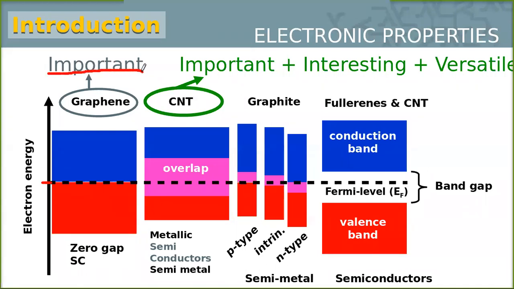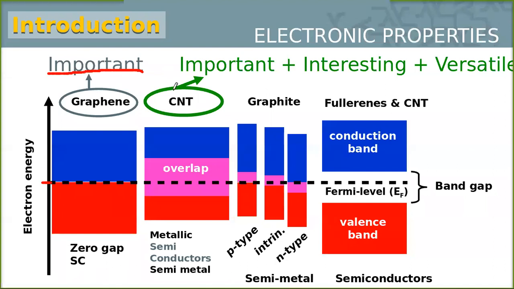Graphene is very important. I cannot say otherwise. I also do a lot of research on graphene. It's an extremely important material, but it is also not the only one that is important here, because we also have carbon nanotubes, and carbon nanotubes are as important, interesting, and versatile materials nowadays.